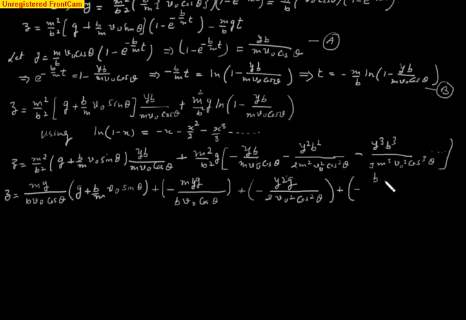Therefore we simply get b cube g and y cube divided by, oops, here we don't get b cube because one b square is outside, therefore I have to modify this, so it becomes b only, b into g y cube divided by 3m v naught cube cos cube theta.